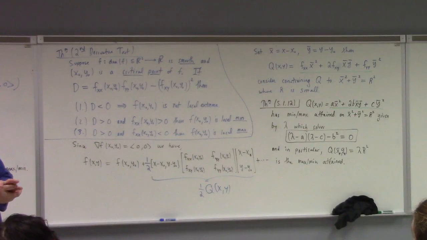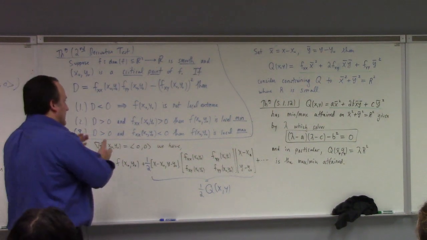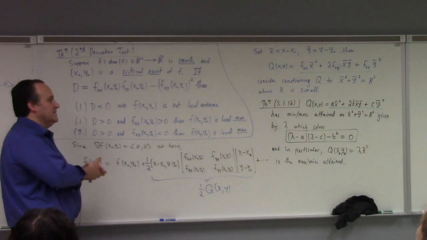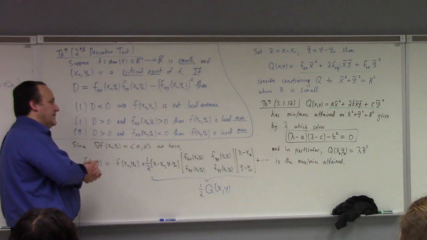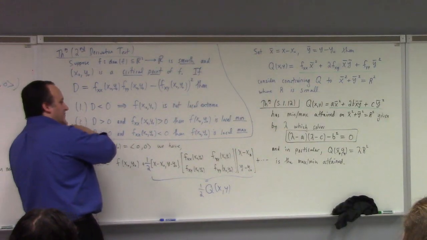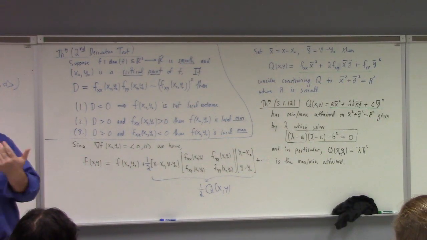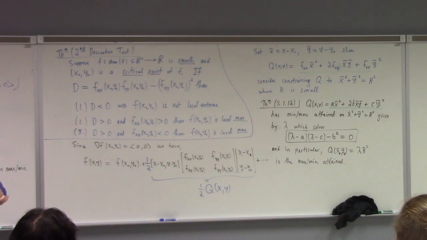When he presents this material, he looks at it in terms of a second directional derivative. He argues that, whatever that means, you want a positive second directional derivative in all possible directions to have a local min, and a negative second directional derivative in all possible directions to have a max.